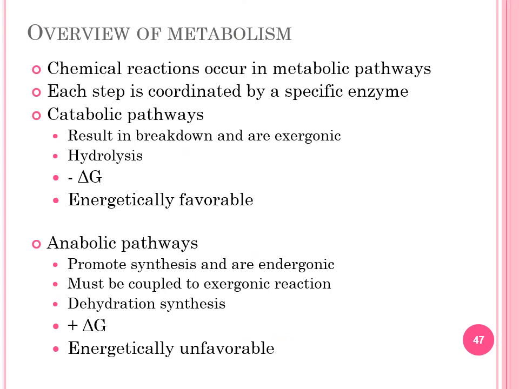So here's an overview of the things that we've talked about so far. We talked about metabolism in general. We talked about anabolic versus catabolic. In the first part, we talked about chemical reactions in a metabolic pathway. We talked about using enzymes to facilitate going from the substrate to the products.